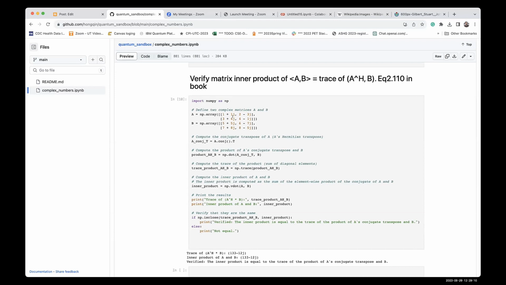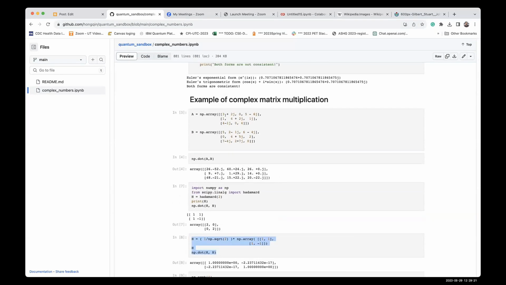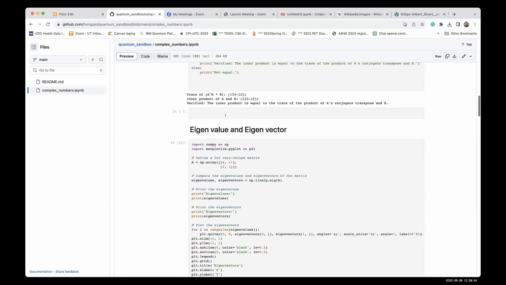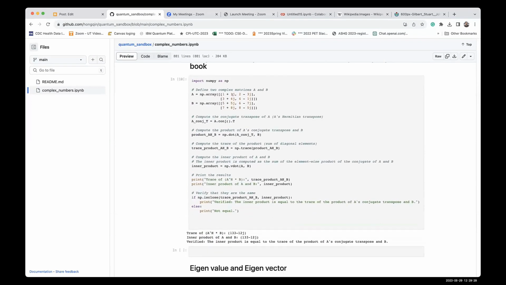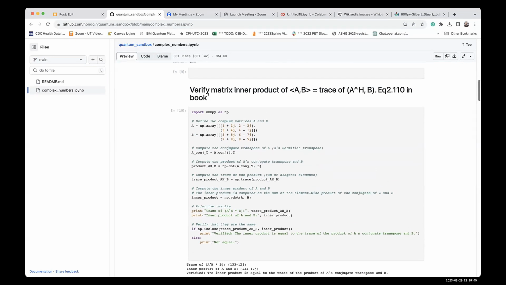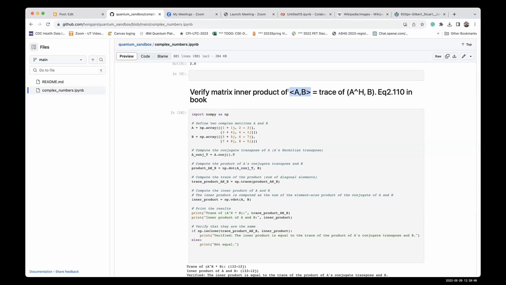Okay, we now have two matrices. A is 1 plus I, 2 minus 3I, 3 plus 4I, 4 minus I, and then another matrix B. We want to calculate the inner product of A and B.